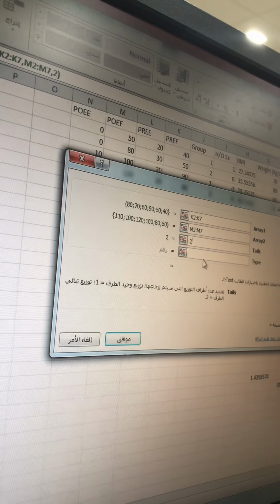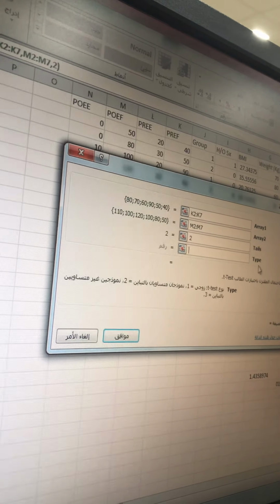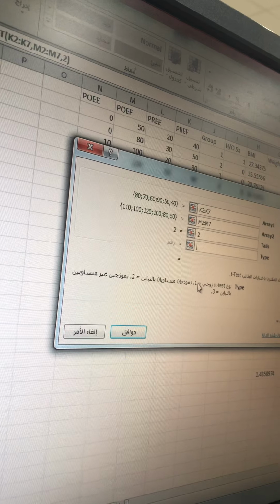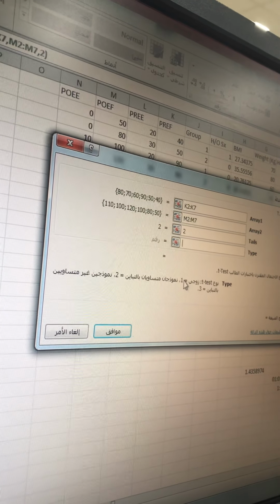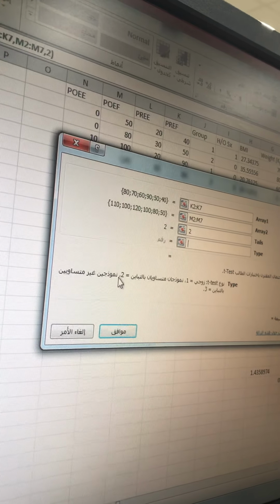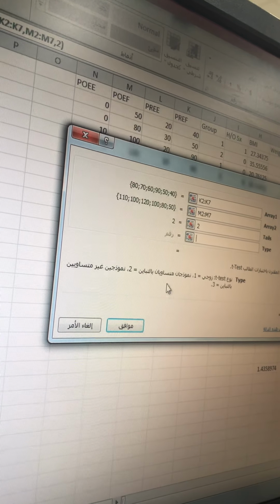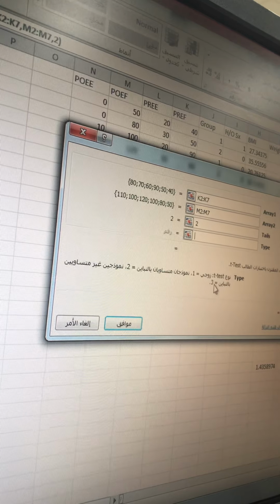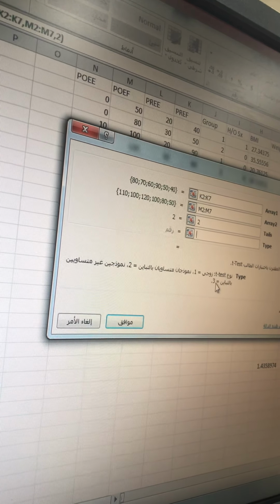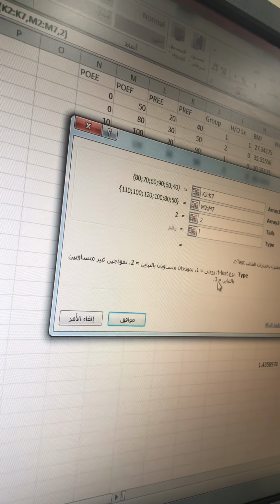So imagine you have two tails, then you have type. Test 1 is for pre to post. Test 2 is for two different samples, but they are equal. Test 3 is for two different samples, but they are unequal.